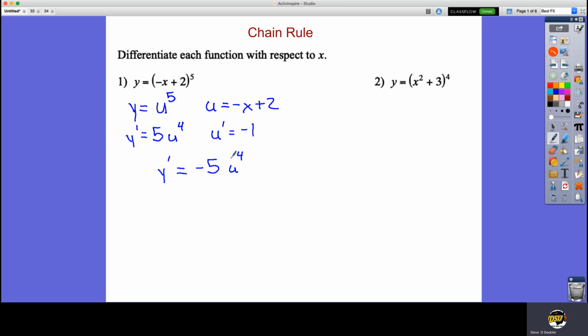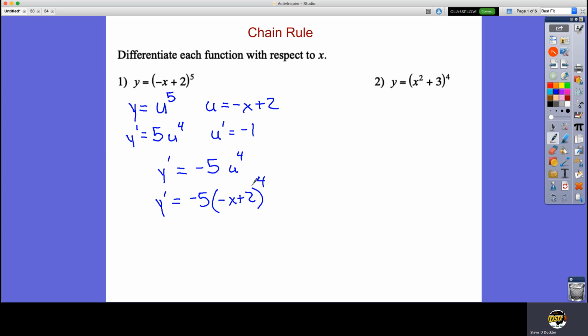But then our original equation had x's in it. We can't leave the u in it. So we know that u equals this. We're going to substitute that right back in here for u. So y prime is negative 5 times negative x plus 2 raised to the fourth power. All right, and that's the derivative of the whole thing there.